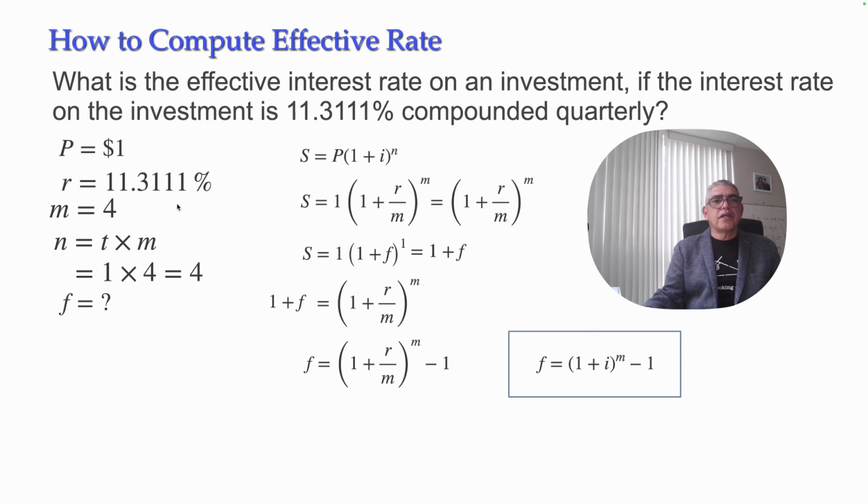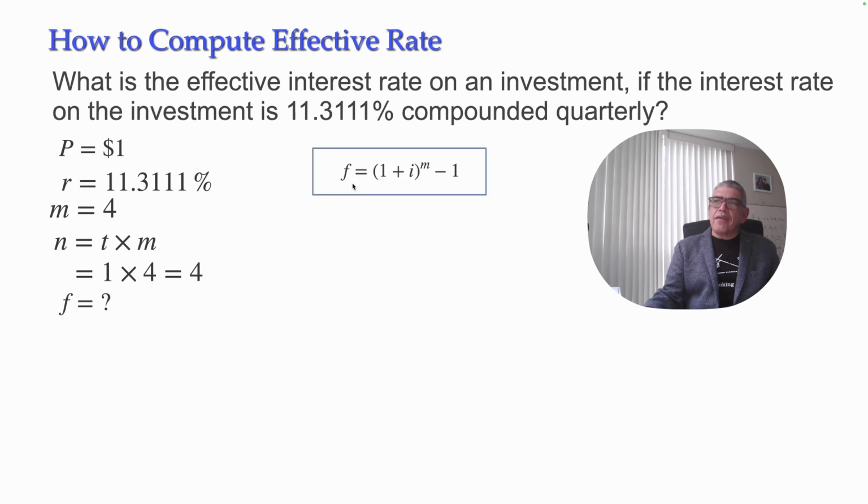So let's solve this problem using this formula. The formula is f = (1 + i)^m − 1. We can type it in this way because this periodic rate of interest is actually r over m. And you notice that the formula of the effective rate doesn't need the principal and it doesn't need n.